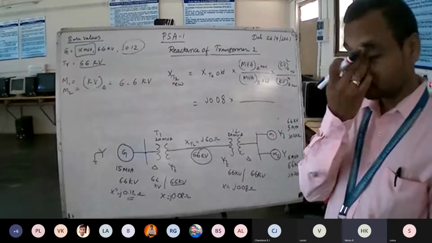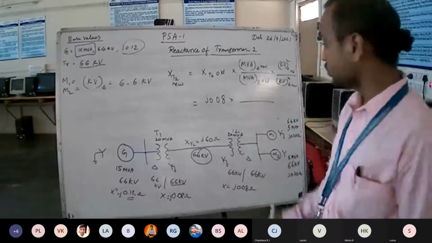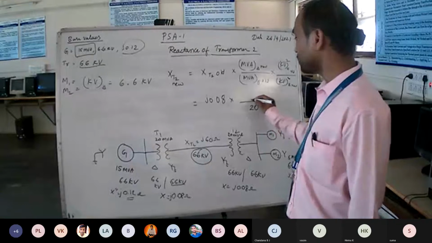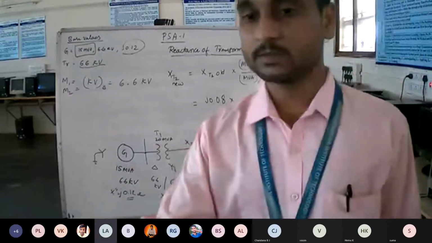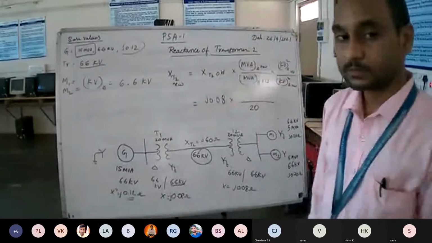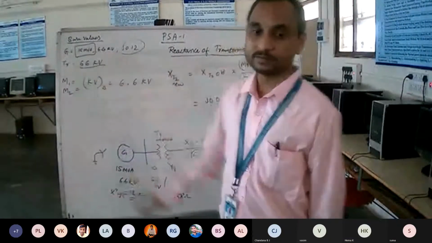Is 20 old or new? Old. New MVA is 15. This is the new MVA.